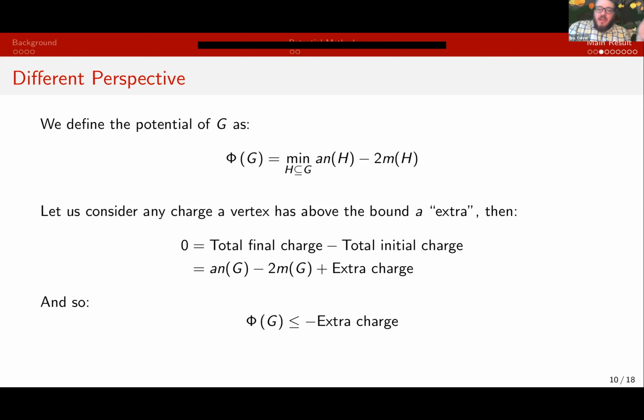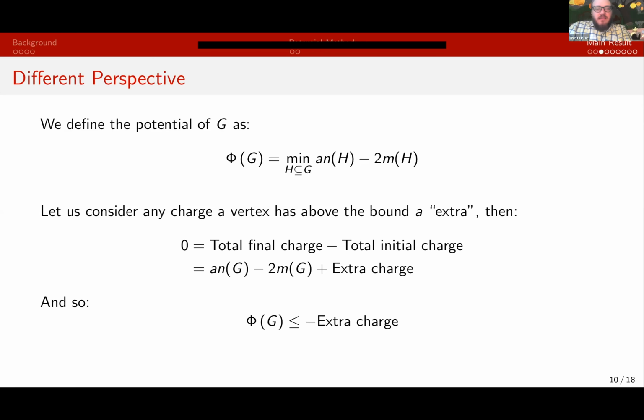But the initial charge is 2 times the number of edges. If we subtract one from the other, we should get 0 because we've just been redistributing the charge.